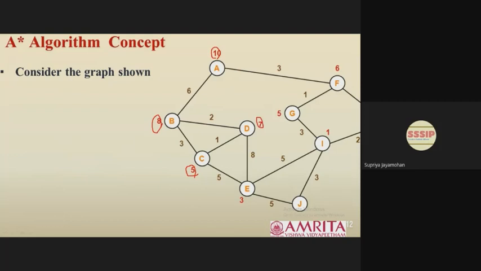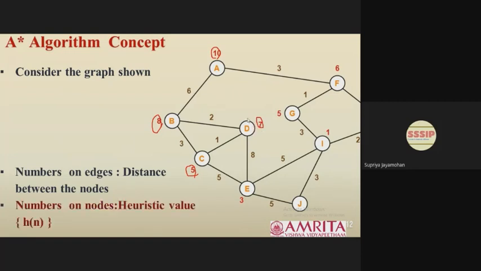So what are we trying to do with each of these values? That is what is going to be the basic idea of the algorithm. As you can see, the number on the edges gives us the distance between the nodes, and the number on the nodes gives you the heuristic value.